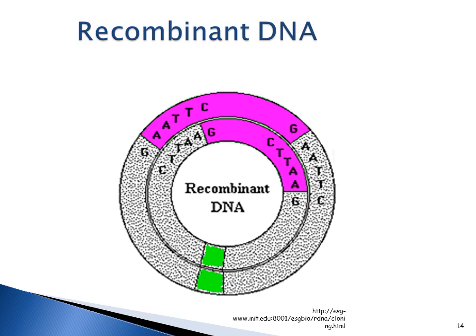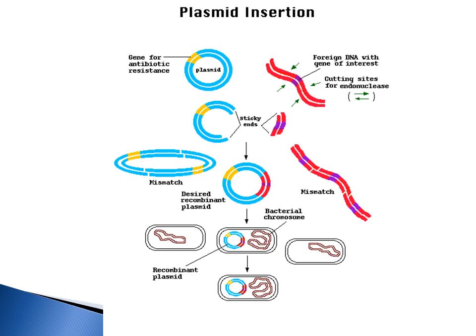And here's what you would end up with, and this would be considered recombinant DNA because you have plasmid DNA attached to DNA from a gene from a completely different source. So again, lots of pictures in this lecture because this is very visual.